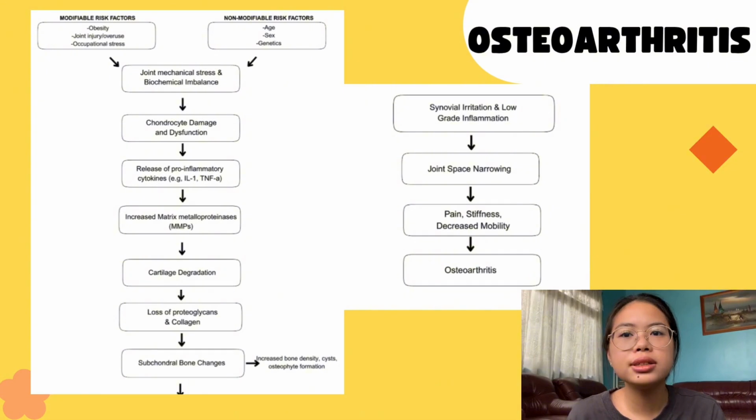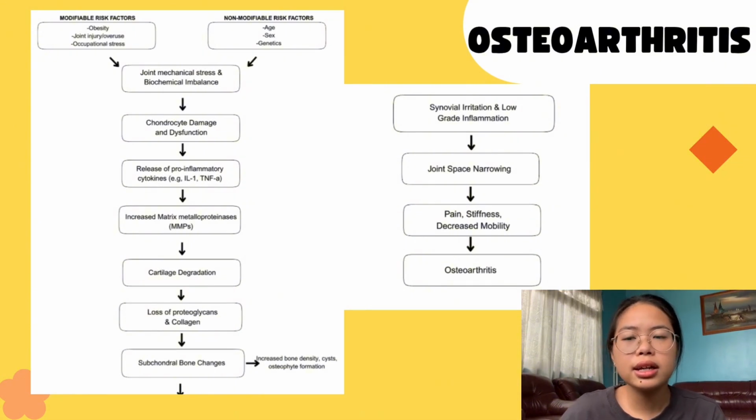As cartilage breaks down, the joint loses proteoglycans and collagen, leading to changes in the underlying bone, including increased density, cysts, and bone spurs.